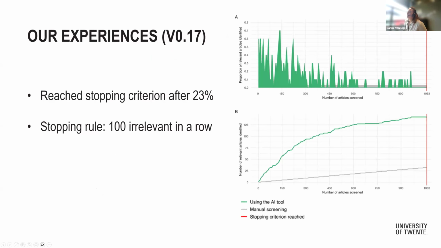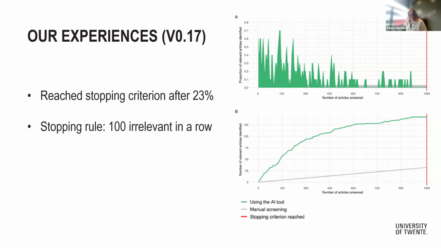And then I wanted to add a short slide on our experiences. As you see, we started at 0. We had a data set of 4,500 articles or so, and 142 were deemed relevant based on title and abstract.